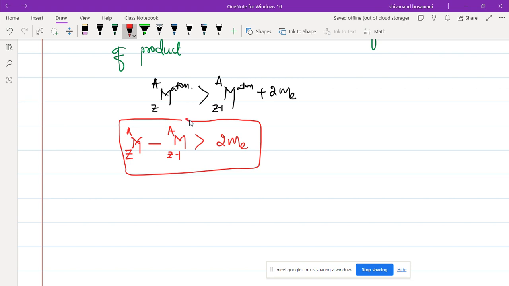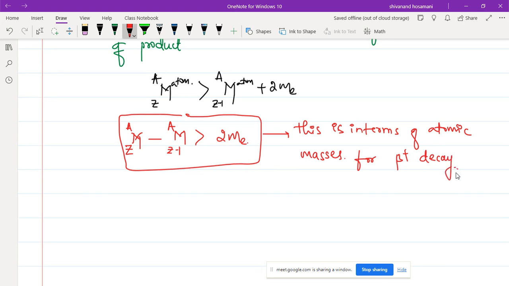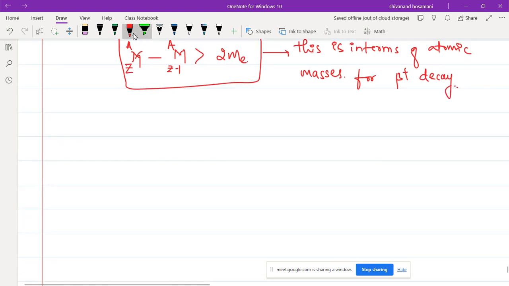This is nothing but the electron. So this is the condition for beta plus decay. This is in terms of atomic masses, for beta plus decay. So this is what the process is.